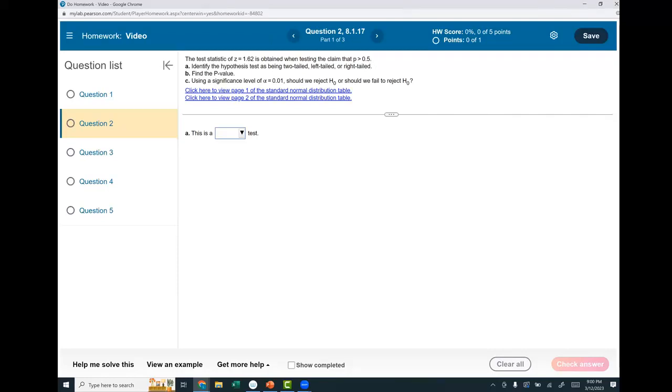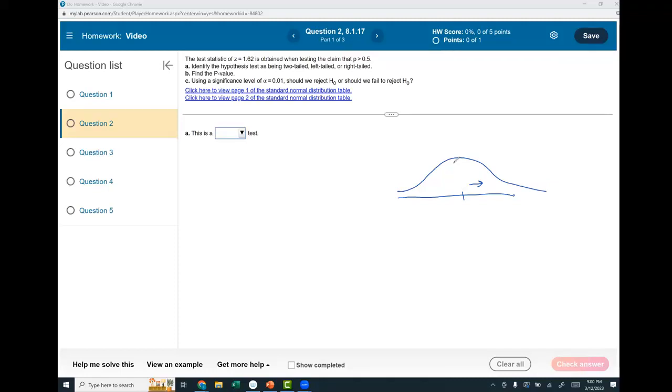So basically, let me draw a picture. The probability is the area under the curve. So it is greater than 0.5, so it's right-tailed.